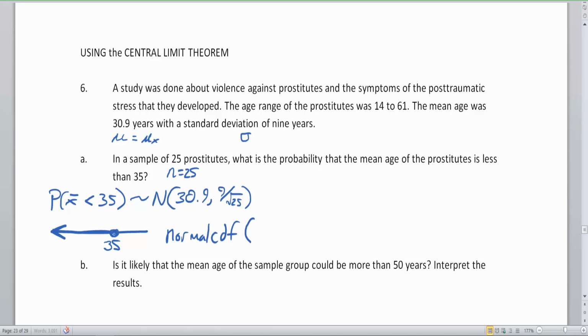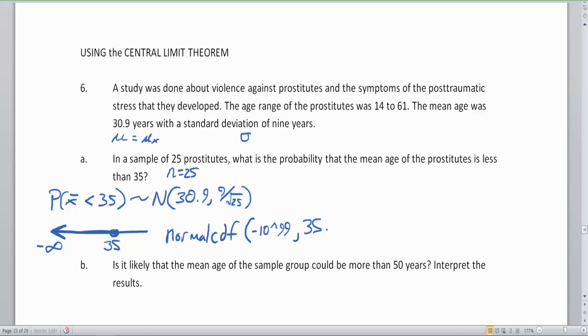I'm sorry, it looked closed right here, but this means we're going to go to negative infinity. Now, another way we could put our minimum here is 0 or 14 if we wanted to, but just to keep with all the problems that we've been doing so far, we're going to go negative 10 to the 99th power, just because we're going to statistically go less than 35, up to 35.